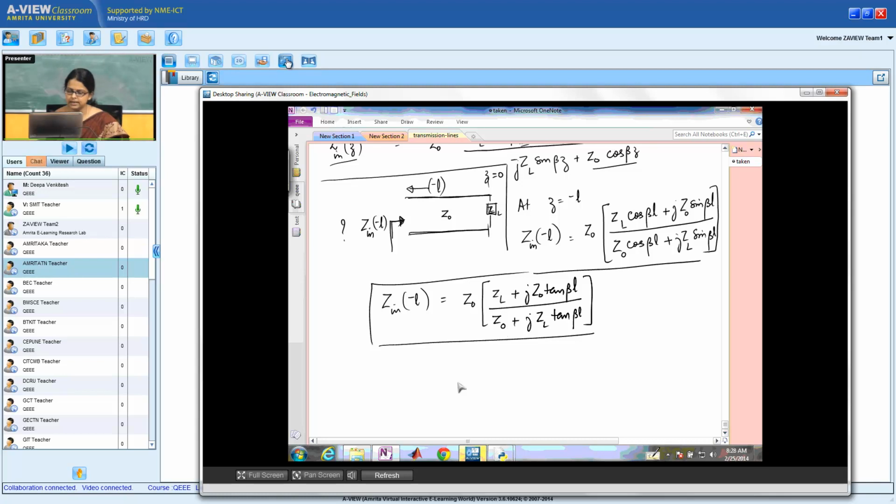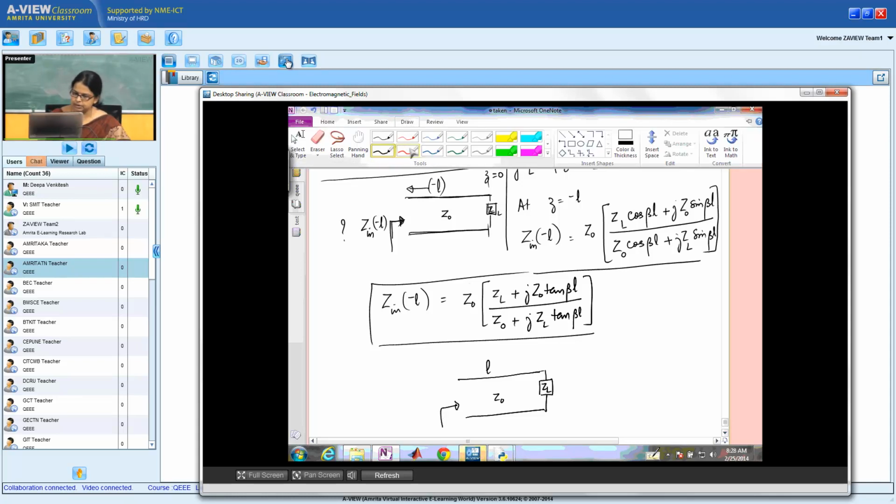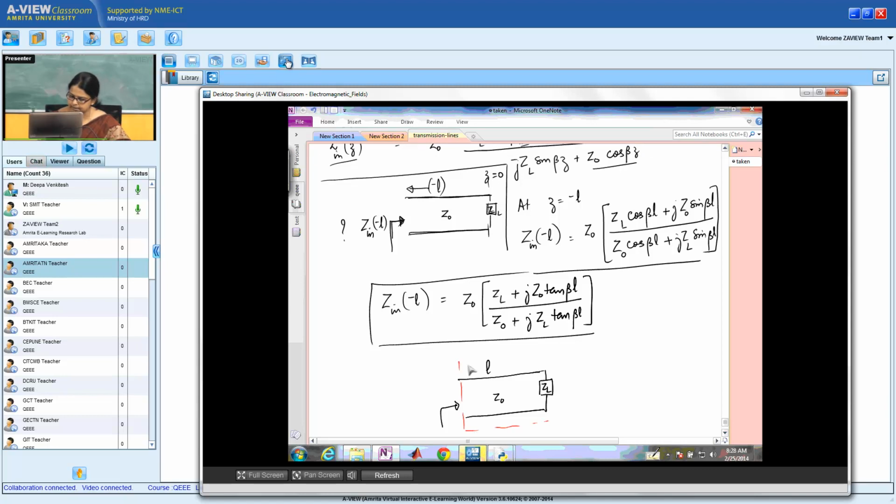It means that, as I've drawn earlier, if I pick up a transmission line of characteristic impedance Z0, if the length of the line is L and if a load ZL is connected to the line, then I can replace the effect of the whole circuit with this input impedance.